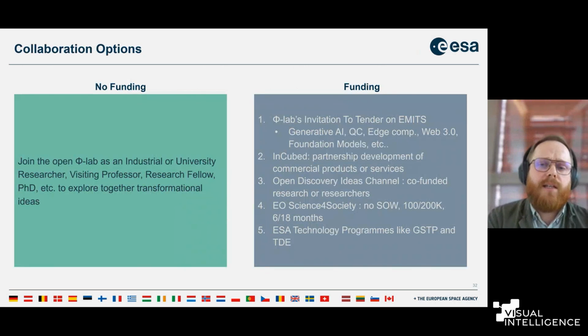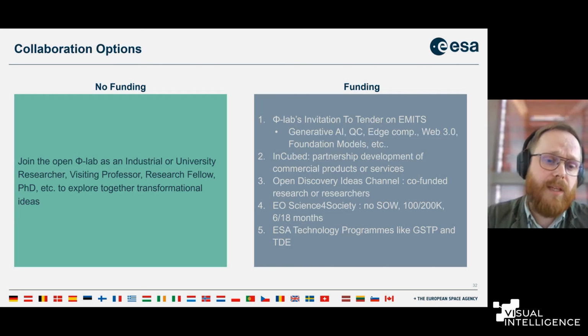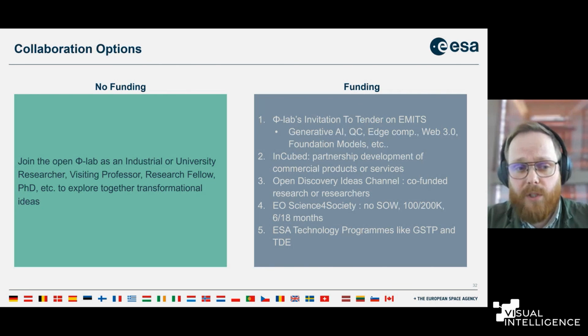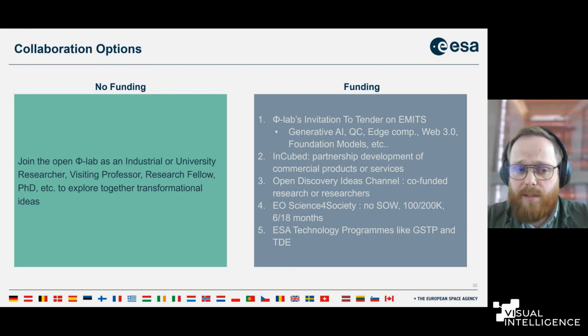And at the very end, I just quickly wanted to mention that the Phi-Lab works together with a ton of external partners. We do a lot of ITTs, but it's also possible to come to the Phi-Lab as either a visiting researcher from industry or from a university. We also collaborate on thesis and we have postdocs as well.